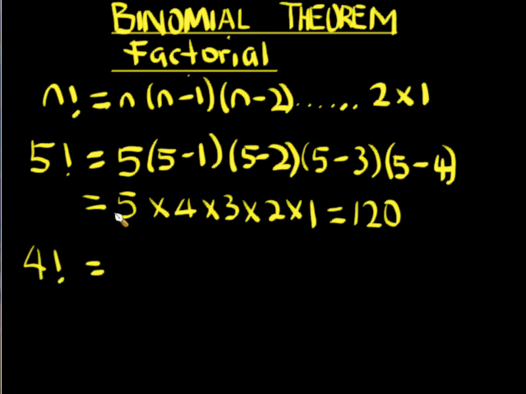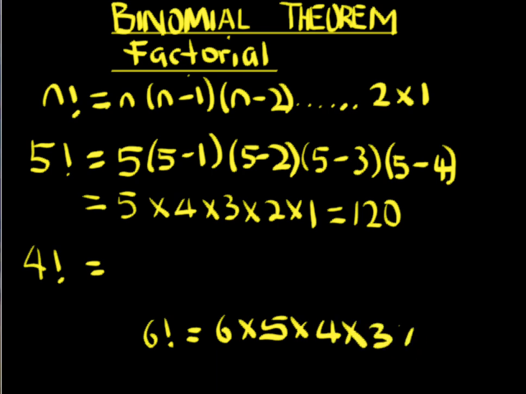Now, you would notice that for 5 factorial, our formula just gave us a decreasing value from 5 down to 1. The same trend applies for every other number, not just 5. If we had 6 factorial, this would also give us 6 times 5 times 4 times 3 times 2 times 1.